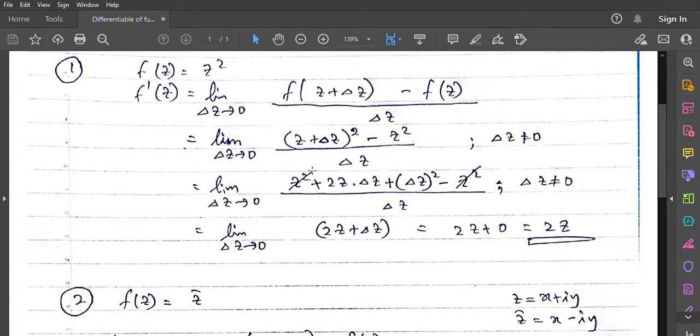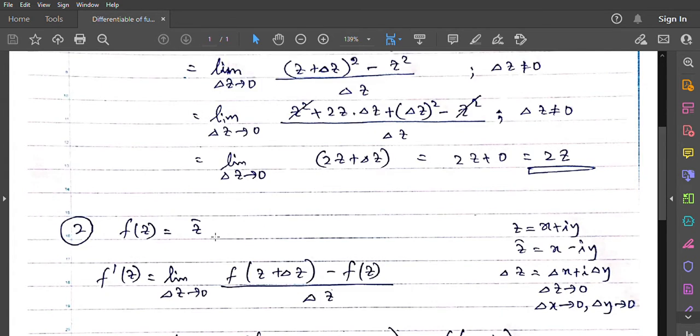So z square cancels out and finally we get this part, because delta z cancels out here and one delta z cancels out for this, and substituting delta z equal to 0 here, we finally get 2z.